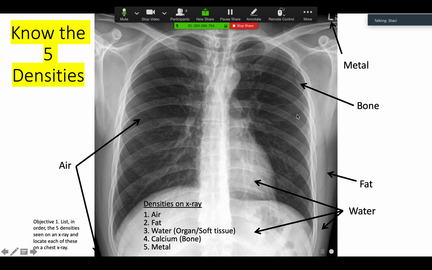As you can see, the bone and metal are going to show up more bright white, where things like air and water are going to show up a darker color, and fat is kind of in between gray. So I would know those. If he points out something and says, what is this? You'll know that it's air versus bone versus metal, something like that.